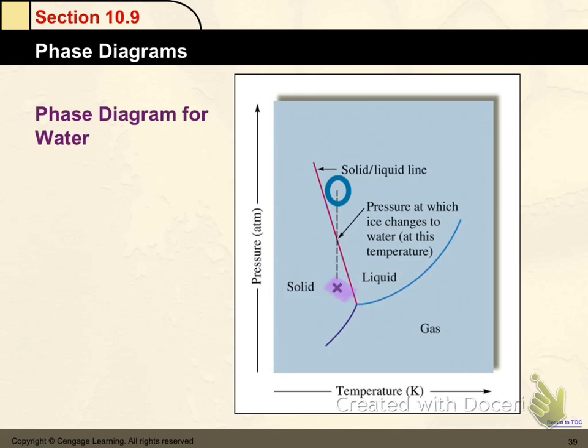Wait a minute. That's crazy. You're telling me that if I got an ice cube or a chunk of ice, and I squeeze it hard enough, it's going to liquefy? That sounds like some Harry Potter type magic stuff. That does not sound right. But think about it. Think about what water does when it freezes. It expands. And when we pressurize it, what's going to happen?